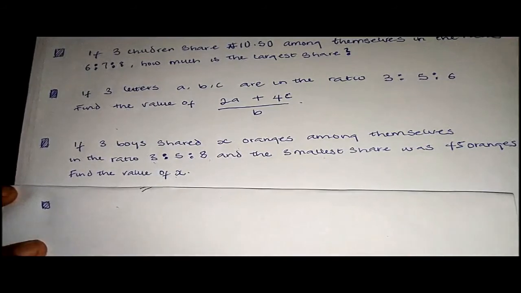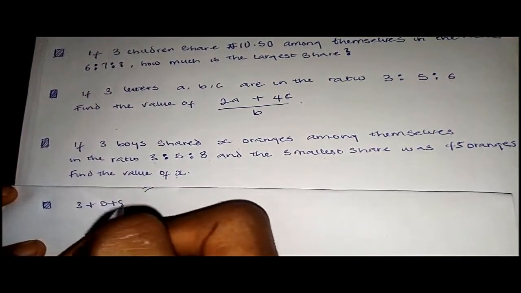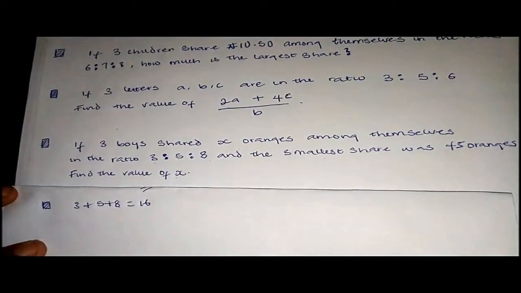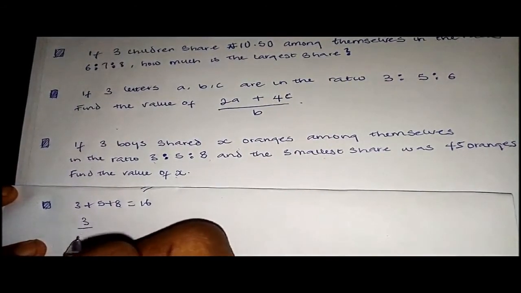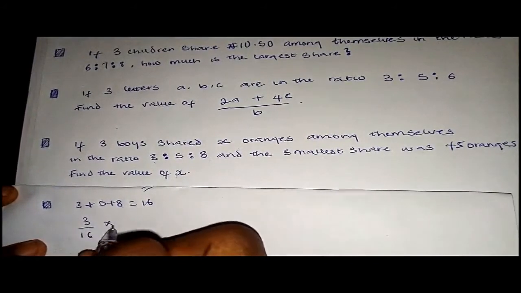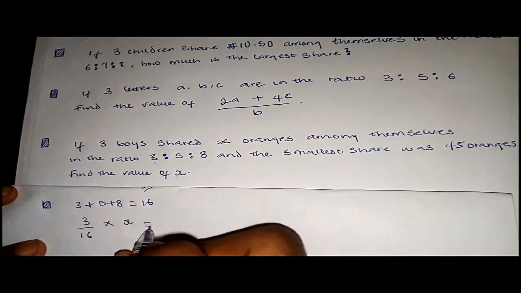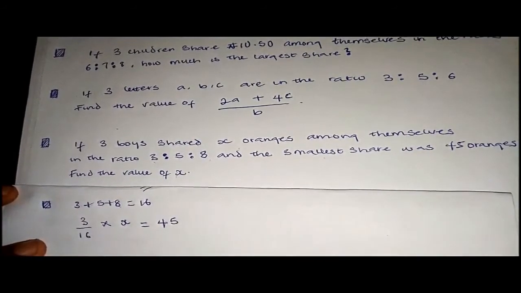So the smallest ratio is actually 3. The sum of ratios is 16. We'll divide 3 by 16 and multiply it by X, since that is the quantity we're looking for, and which is equal to 45 oranges. So 3X over 16 is equal to 45.